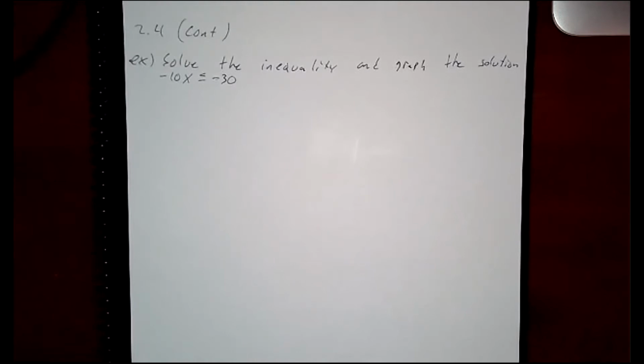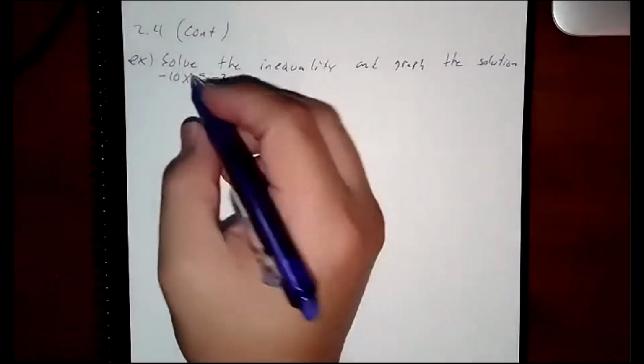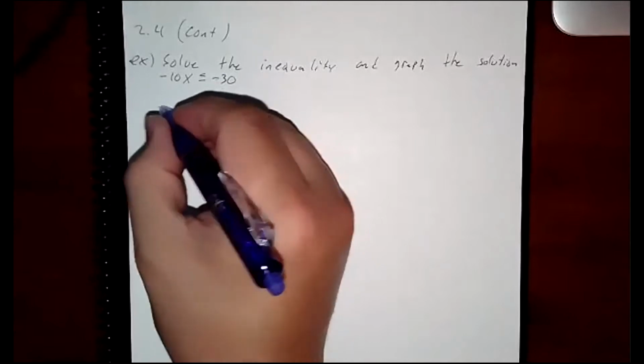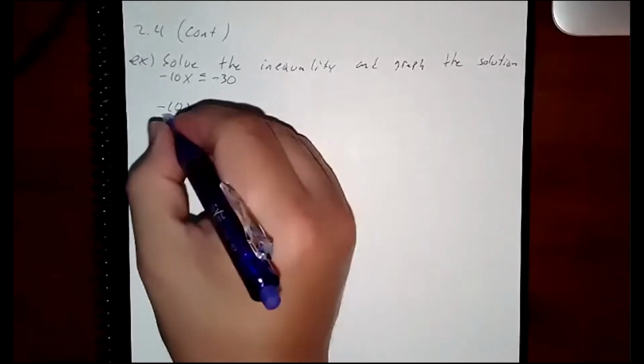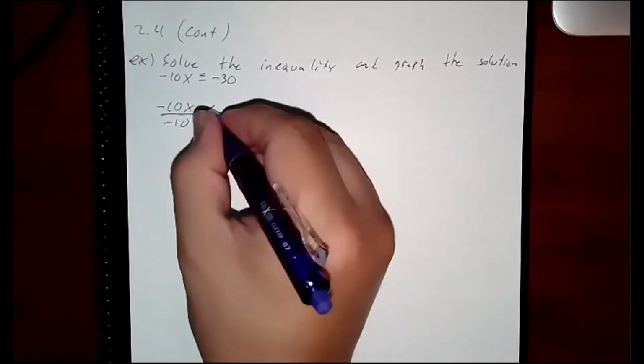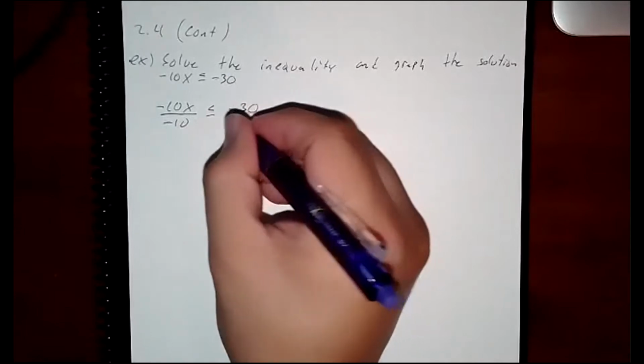All right, so when you're solving for inequalities, or solving for x, it's all the same rules except when you divide by a negative on both sides, or multiply by a negative. That's the only difference. So to solve for x here, I have to divide by a negative 10 on both sides.